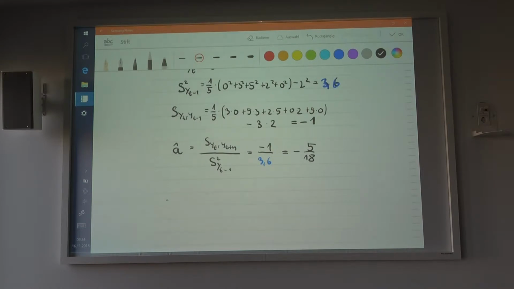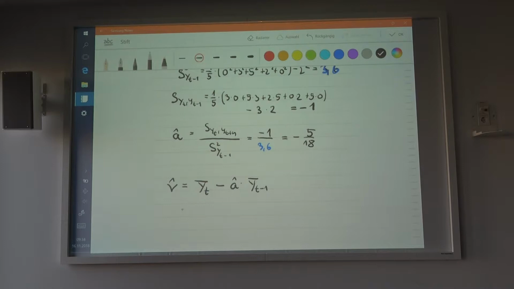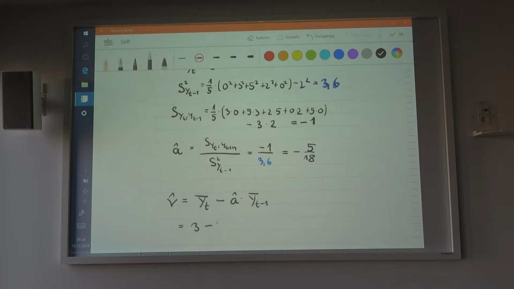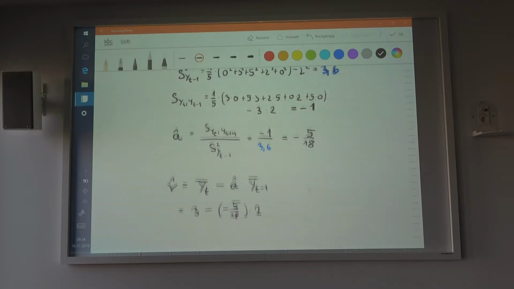And the intercept, okay, so the estimate for the intercept is going to be equal to the mean of the dependent variable minus the slope, or the estimate, times the mean of the explanatory variable. Now here the mean of the dependent variable was equal to 3, and then you have minus negative 5 over 18 times the mean of the explanatory variable.